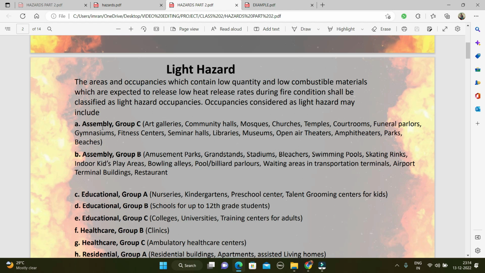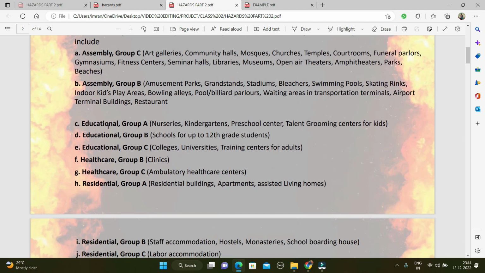Also group B assembly: amusement park, parlor or waiting area, swimming pools. Educational, if we see educational, is divided into three groups A, B, C. Also health care like clinics, OPD, and health care.